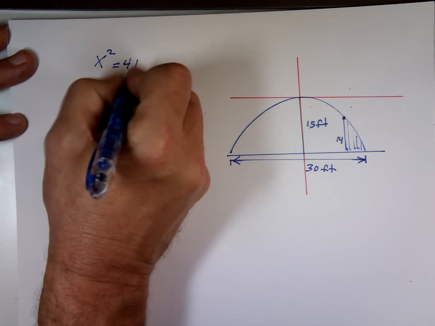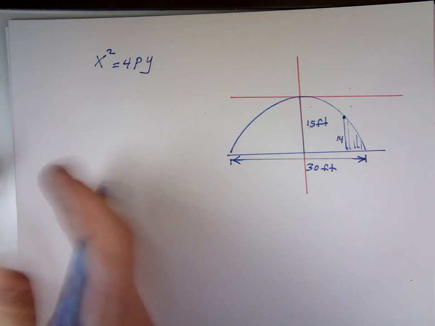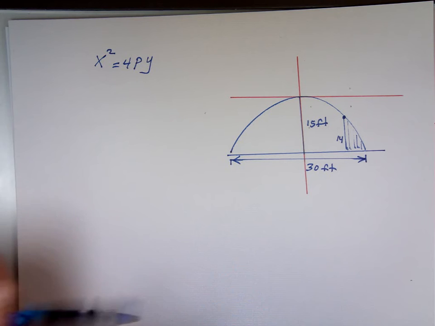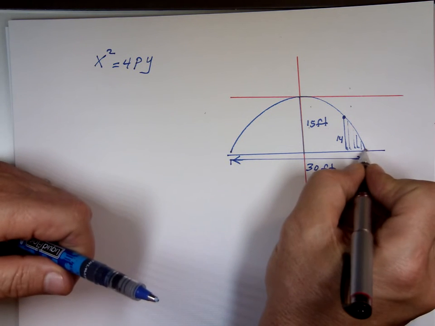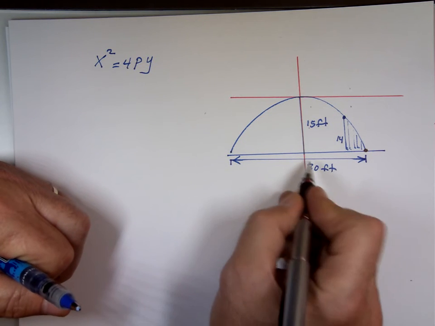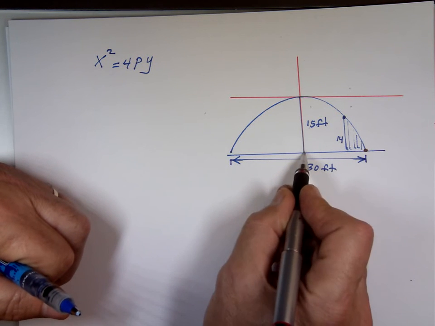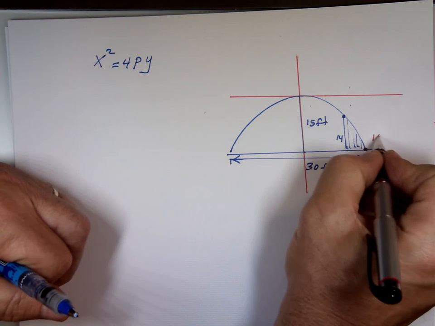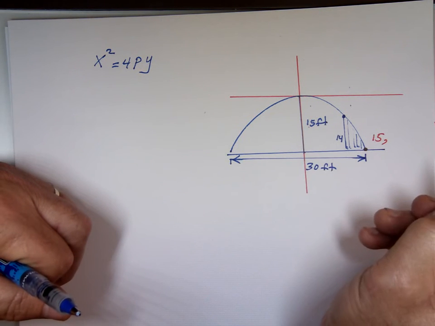And again, to find P for that little overpass, I need to pick a point on the graph. I can use this point. If I use that point, what is X equal to? What's the distance from here to there? 13. No, 15. 15. And what's the height? 0. Well, no, I'm using this as reference.